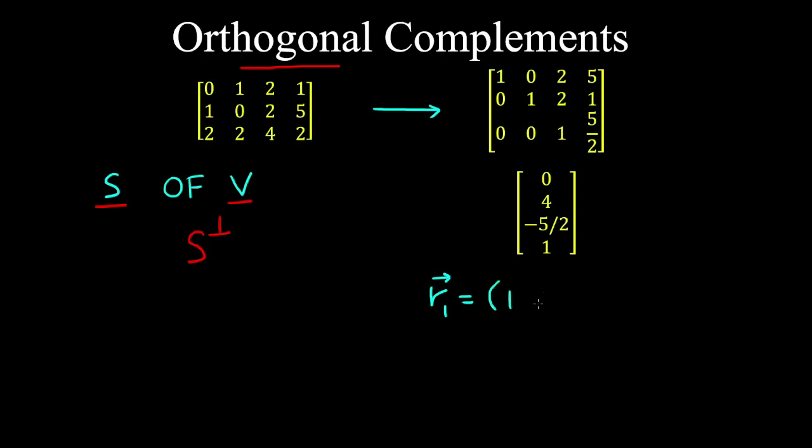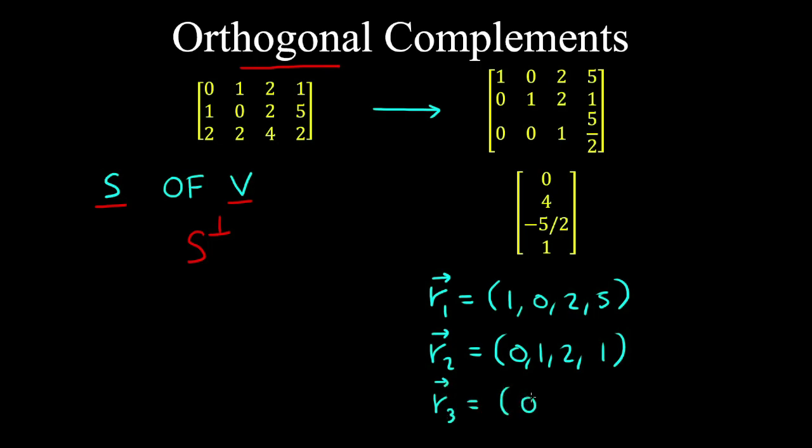So we have R1 with the following components, R2 with the following components, and the third basis vector is 0, 0, 1, 5 on 2. So any vector in the row space of this matrix can be expressed as a linear combination of these basis vectors.